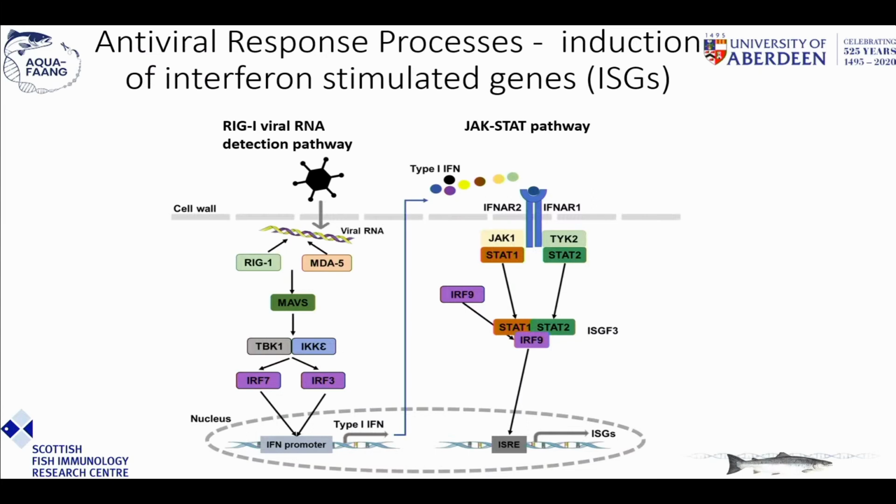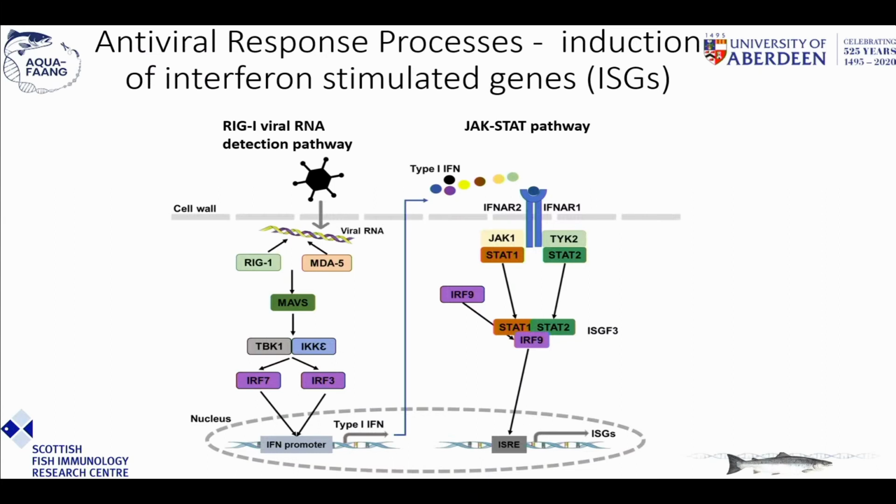The RIG-I pathway detects viral RNA, and the transcription factors IRF7 and IRF3 bind to the promoter regions of interferon type 1, and then interferon type 1 is induced. Interferon type 1 binds to the interferon receptors and initiates the JAK-STAT pathway.